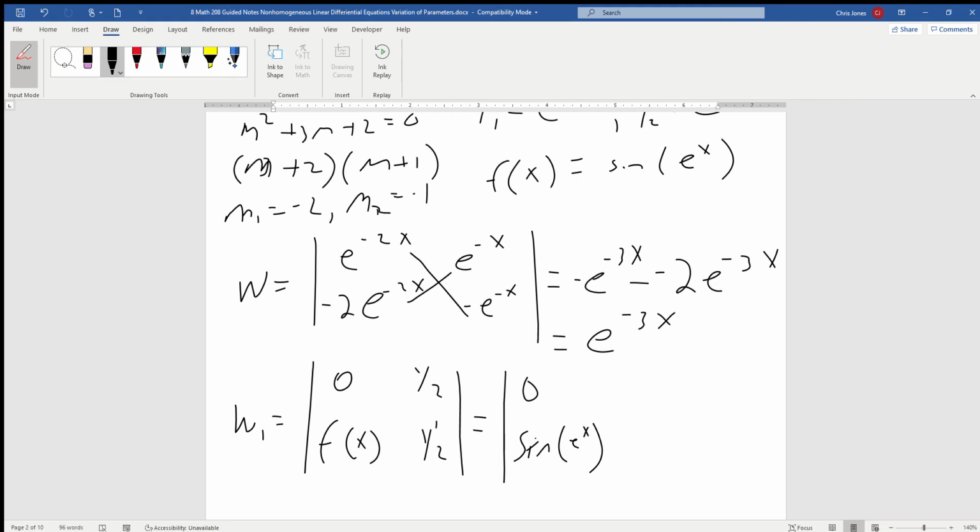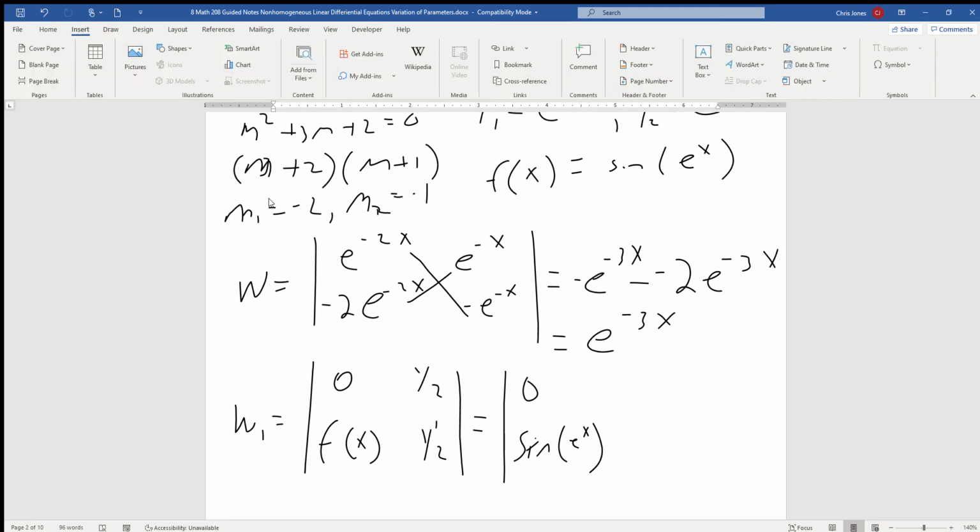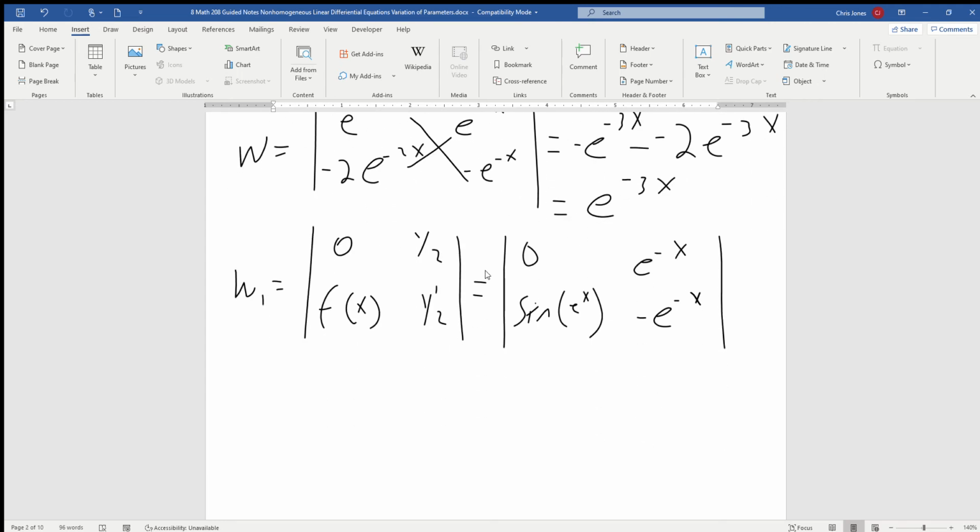Y2, remember, was our e to the minus x, and then the derivative, -e to the negative x. If we do our cross multiplication, that cancels 0 going down and going up, so we get 0 minus e to the minus x sine e to the x. In other words, just a -e to the minus x sine e to the x.